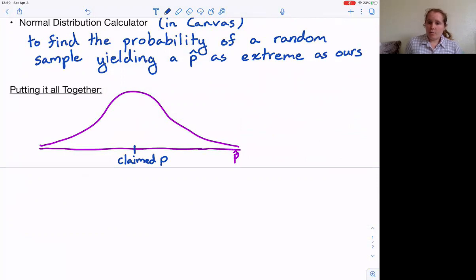And then we'll find, say, maybe our sample is maybe out here. Then we will be figuring out what is the probability of landing here, which will tell us if our sample was surprising or to be expected.